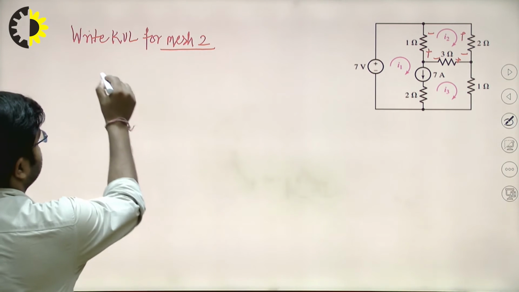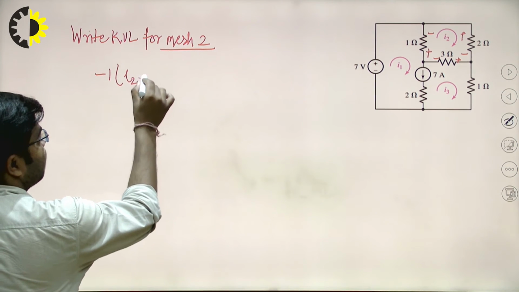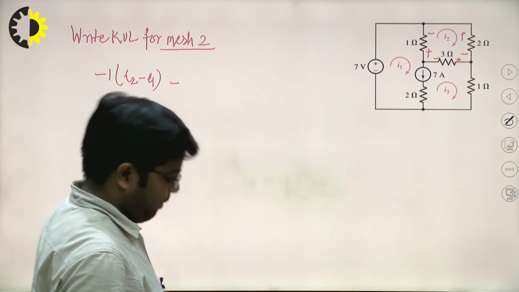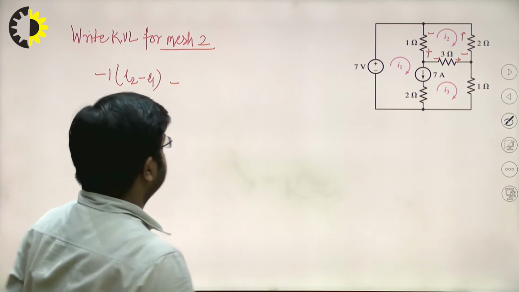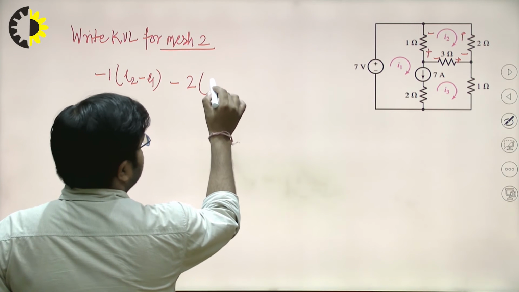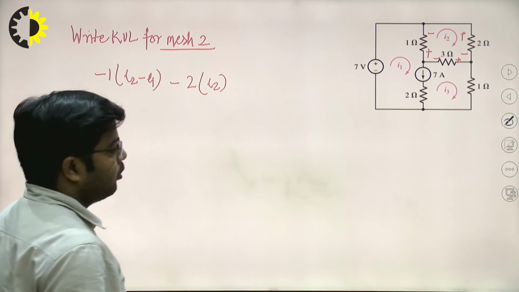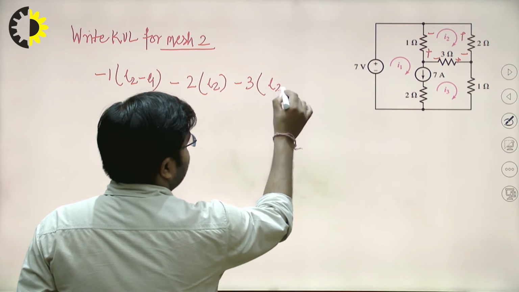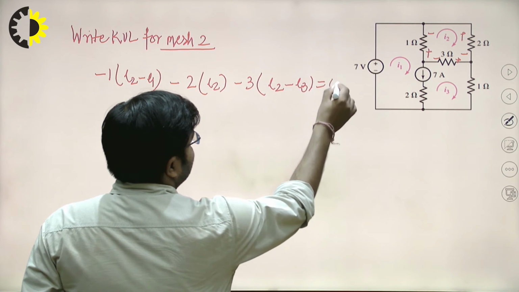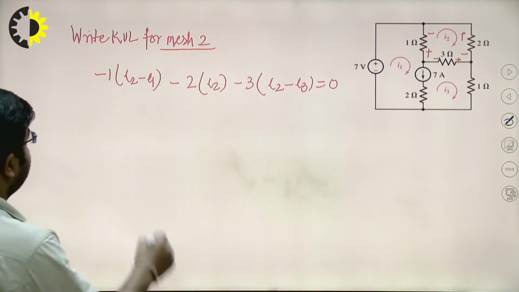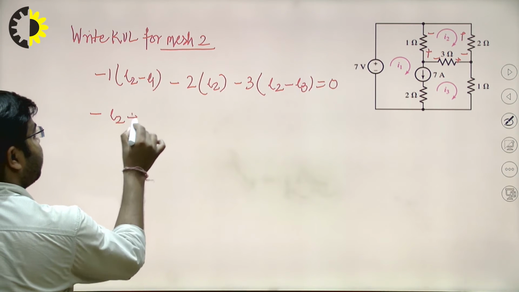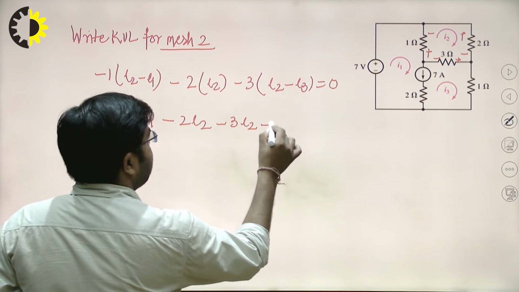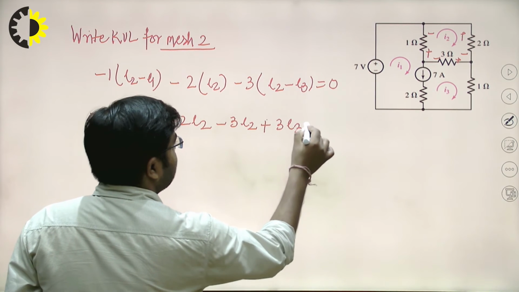So minus 1 into (I2 minus I1), then minus voltage drop across 2 ohm resistance, that is 2I2, then voltage drop across 3 ohm resistance, so minus 3 times (I2 minus I3), is equal to 0. So you can write minus I2 plus I1 minus 2I2 minus 3I2 plus 3I3 is equal to 0.